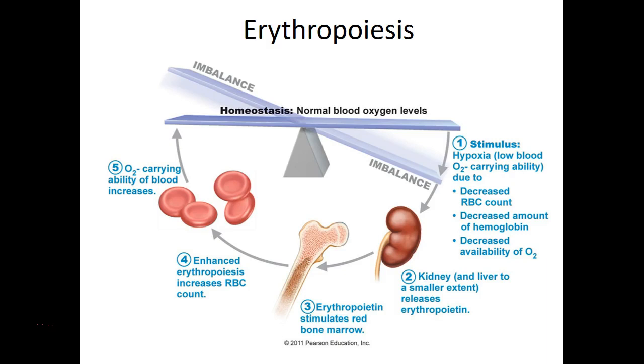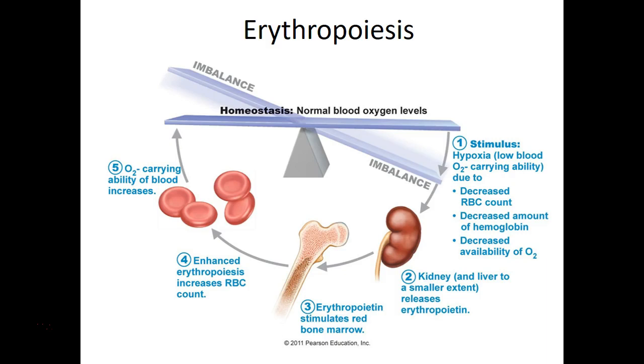So we didn't talk much about the original stimulus, but what are some of the different ways that we can minimize oxygen delivery, or have demand exceed oxygen delivery? Some are listed right here. So decreased red blood cell count, does that make sense to folks?